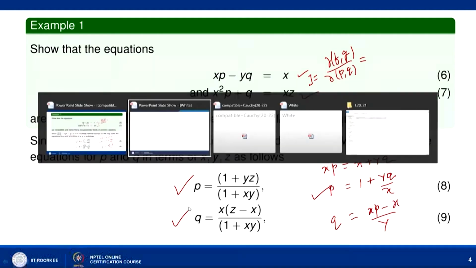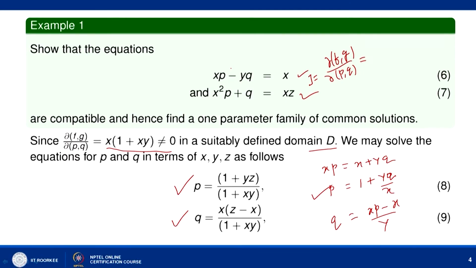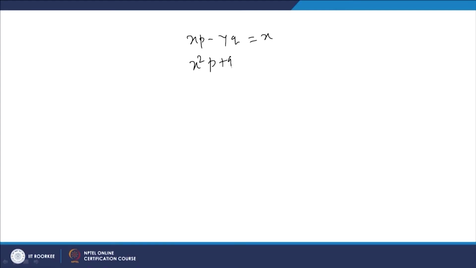So we have xp minus yq equal to x, and x square p plus q equal to xz. What we can do here is multiply the second equation by y, and we have xp minus yq equal to x, and x square yp plus yq equal to xyz.